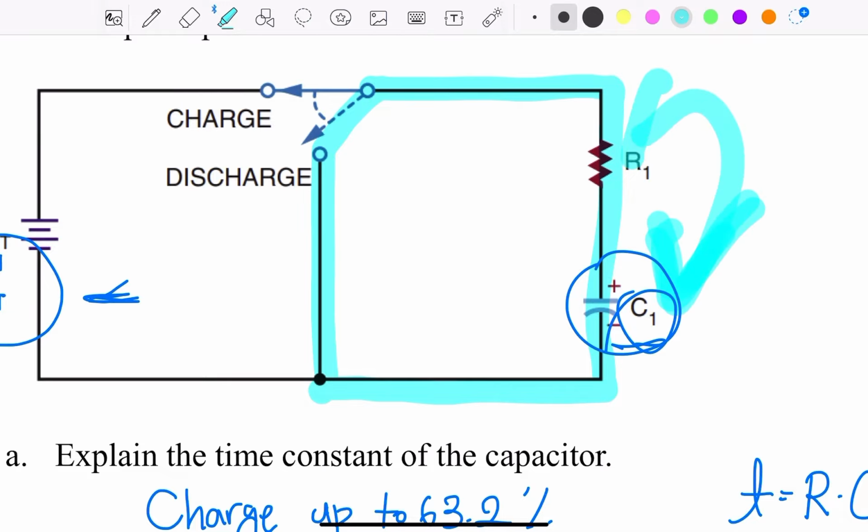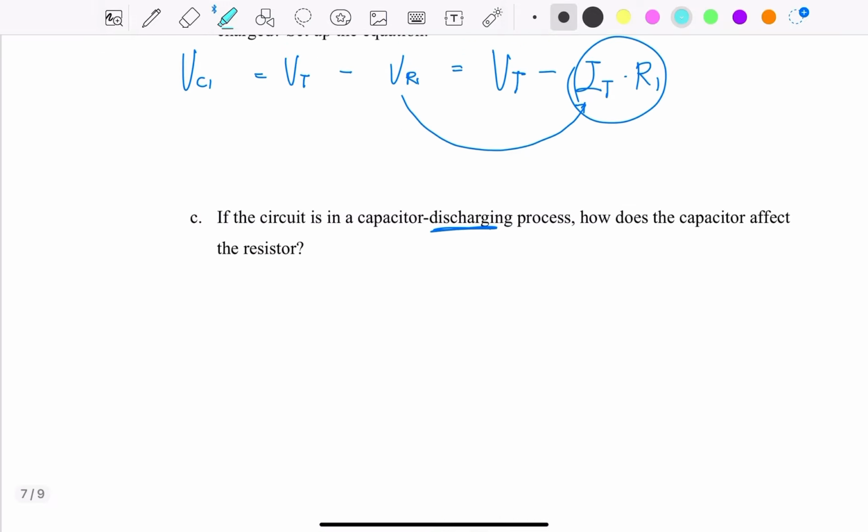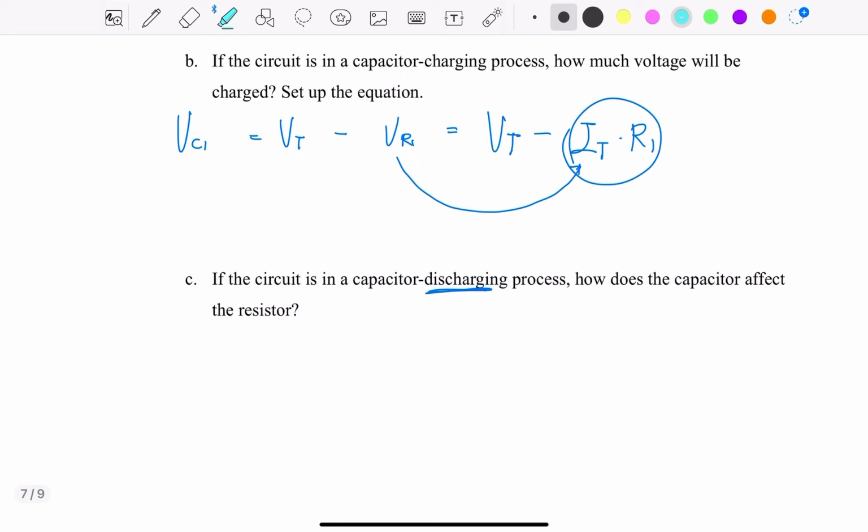When a capacitor discharges through the resistor, the capacitor's stored energy gradually dissipates as current flows through the resistor. So in the discharging process, the capacitor works like a kind of power supply.